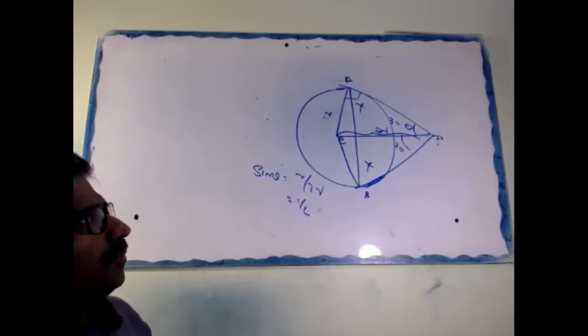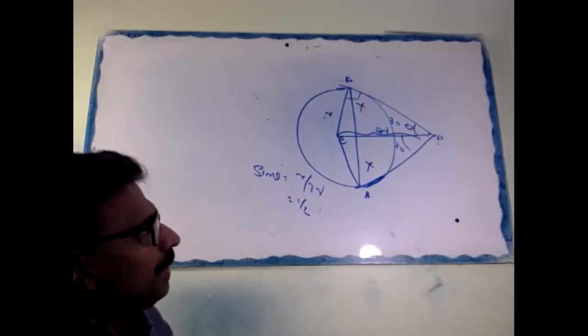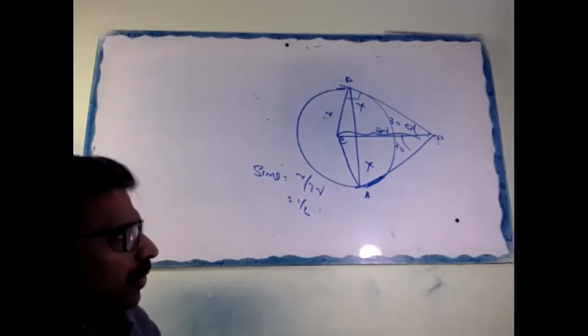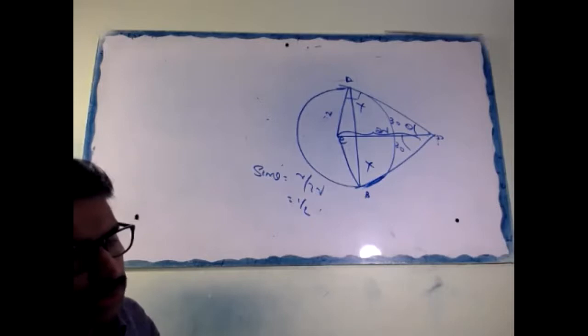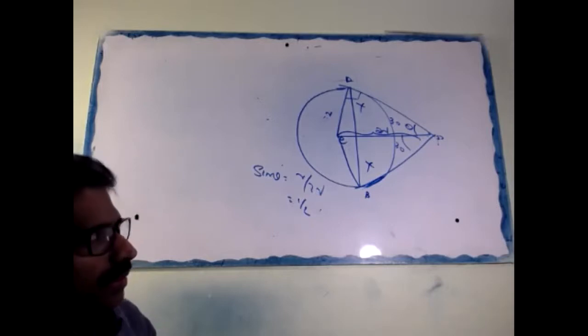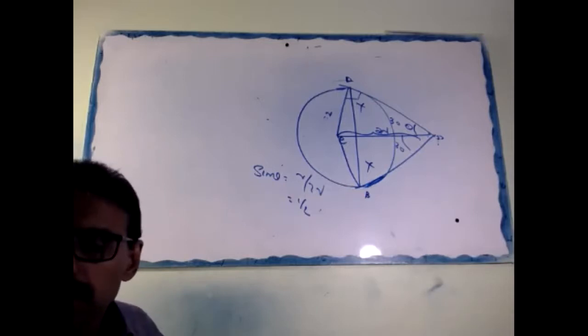Hence angle PAB equal to angle PBA, because angles opposite to equal sides are equal. Let angle PAB equal to angle PBA equal to x.